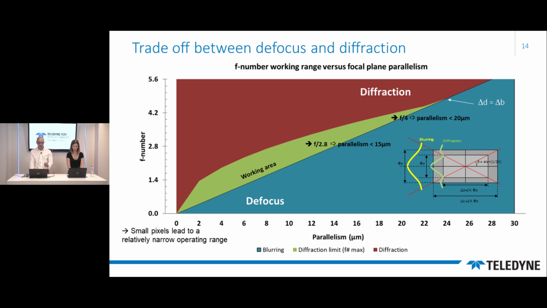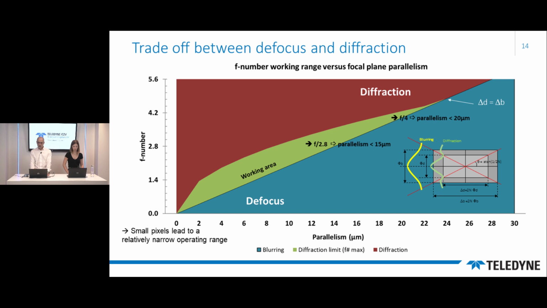The figure shows three zones. The lower area of the graph, in blue, corresponds to a sharpness defect related to the defocus blur. The upper area, in brown, represents a blur related to the optical diffraction.